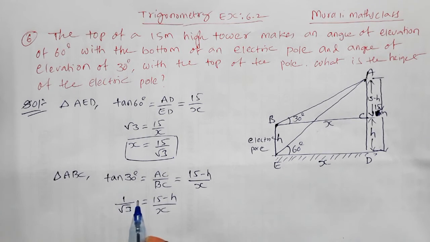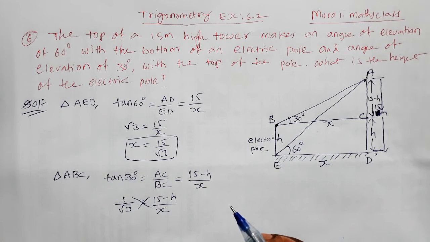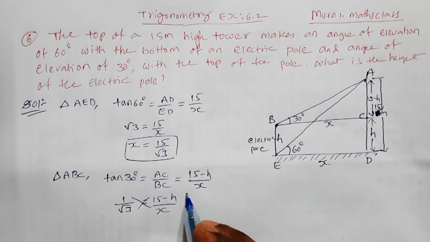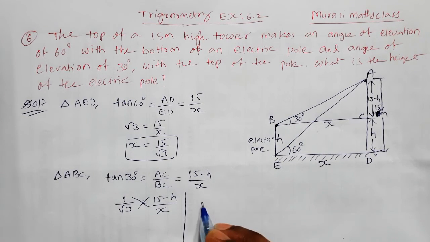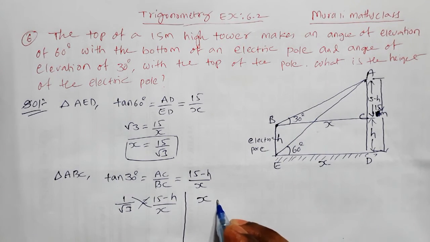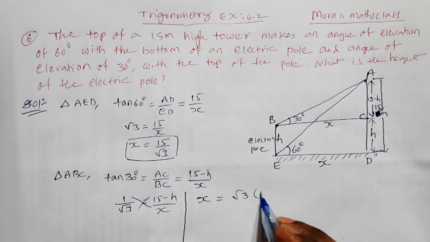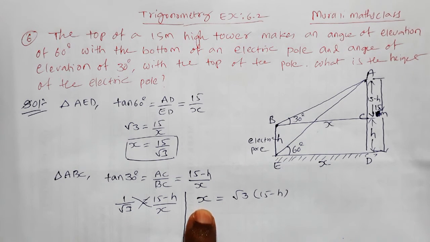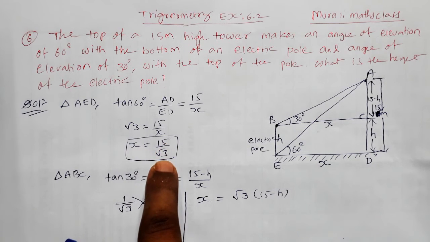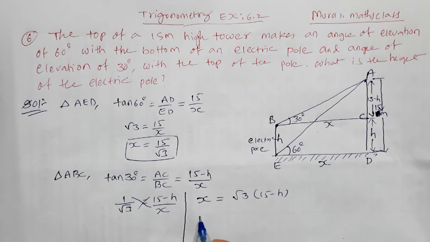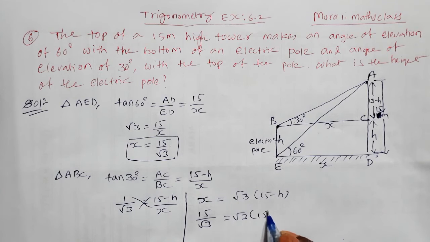Do cross multiplication. What will you get if you do cross multiplication? x equals root 3 into 15 minus h. The x answer we know, just now we got it here, 15 by root 3. Substitute here: 15 by root 3 equals root 3 into 15 minus h.